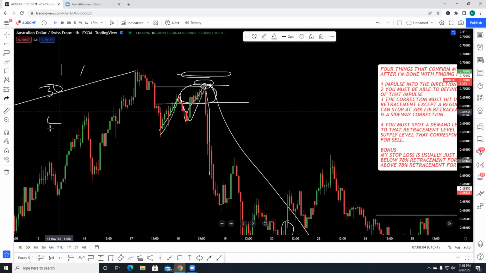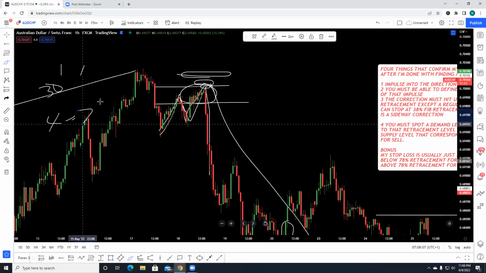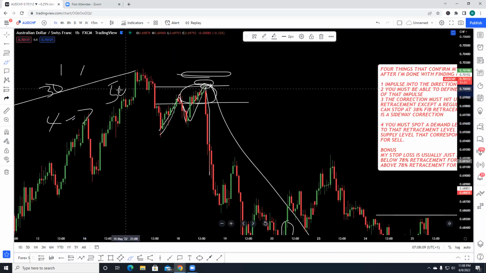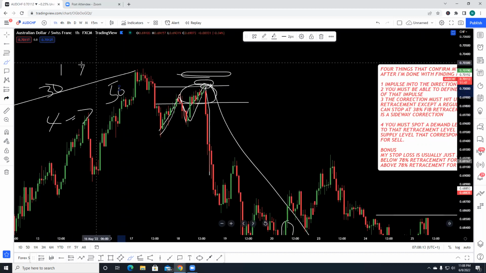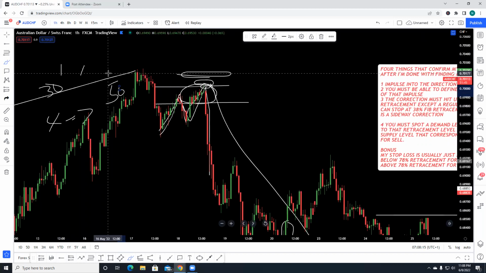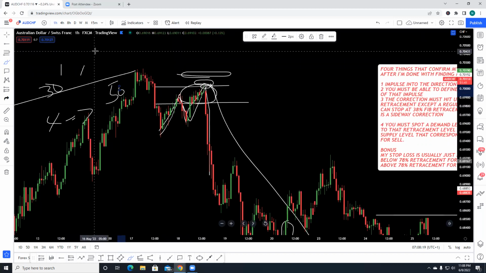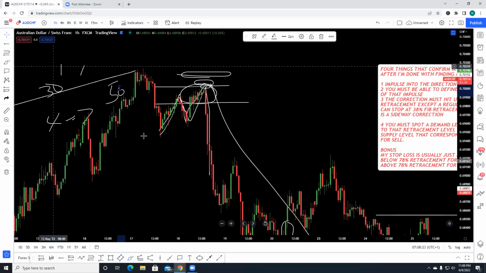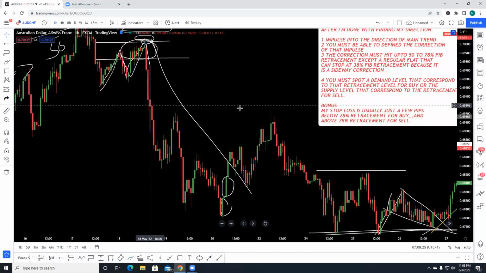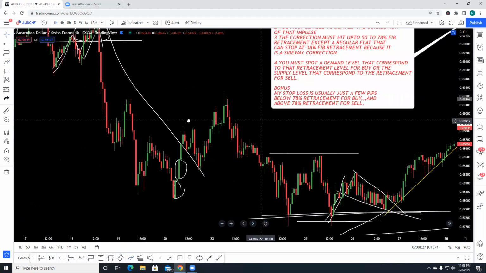If it's 4 hours, you are not going to get more than 50 to 70 pips stop loss. But I know most people use 15 minutes and 1 hour time frame. So usually with this system, you always get about 30 pips stop loss, which is very ideal for day trading techniques.